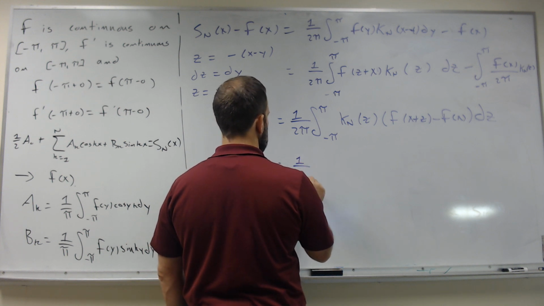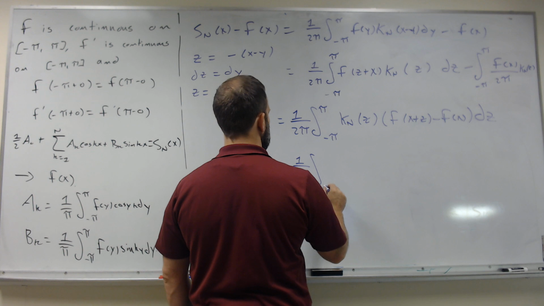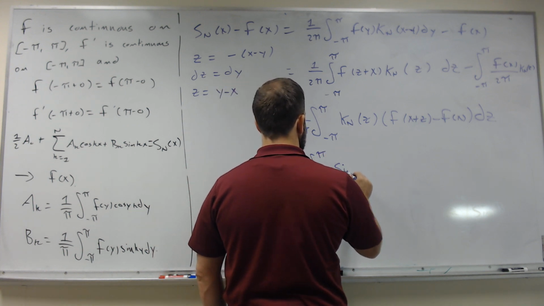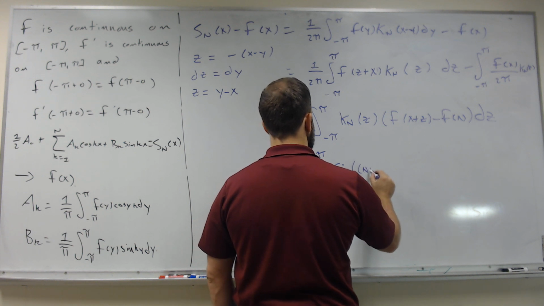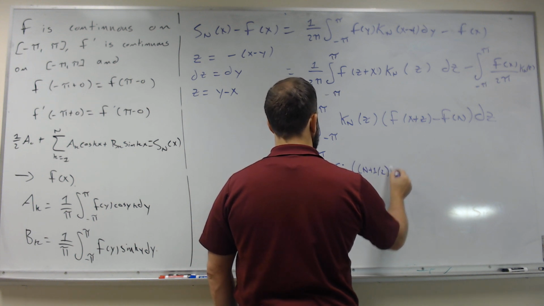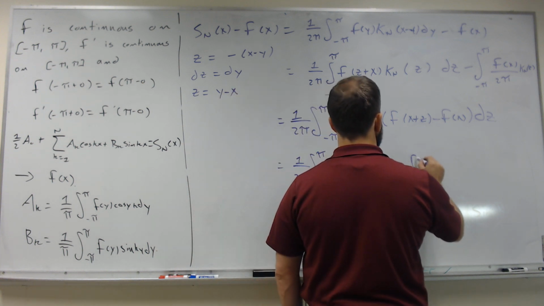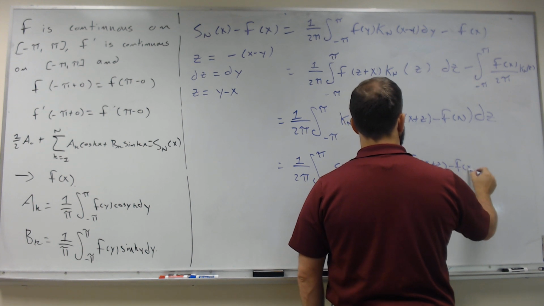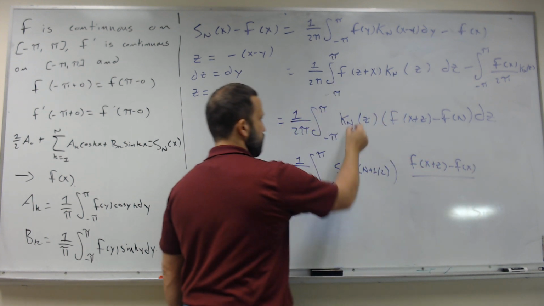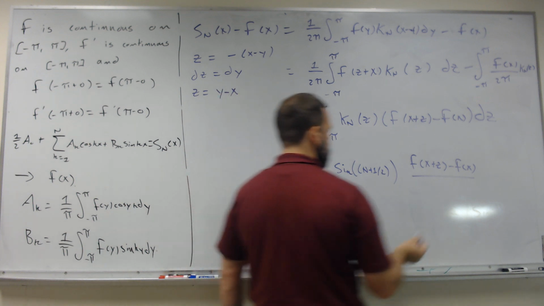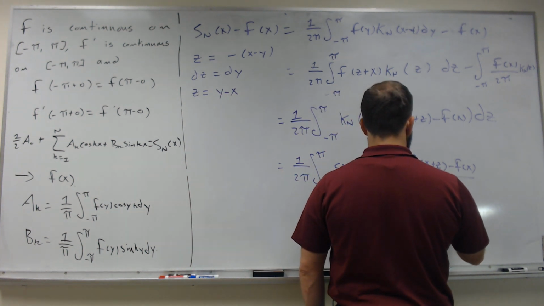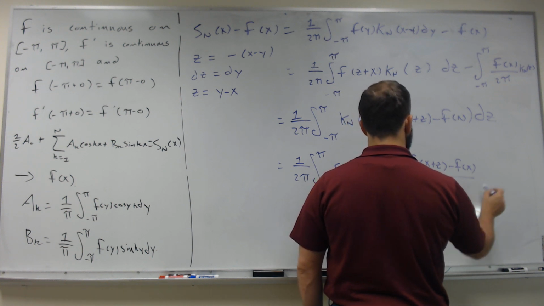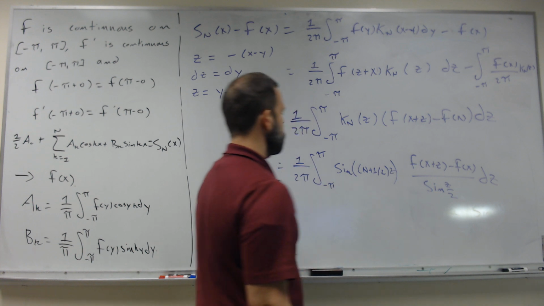So this is 1 over 2 pi times the integral from minus pi to pi of sine of n plus 1/2 z times f of x plus z minus f of x, and then divided by the denominator in the kn, which is sine of z over 2, dz.